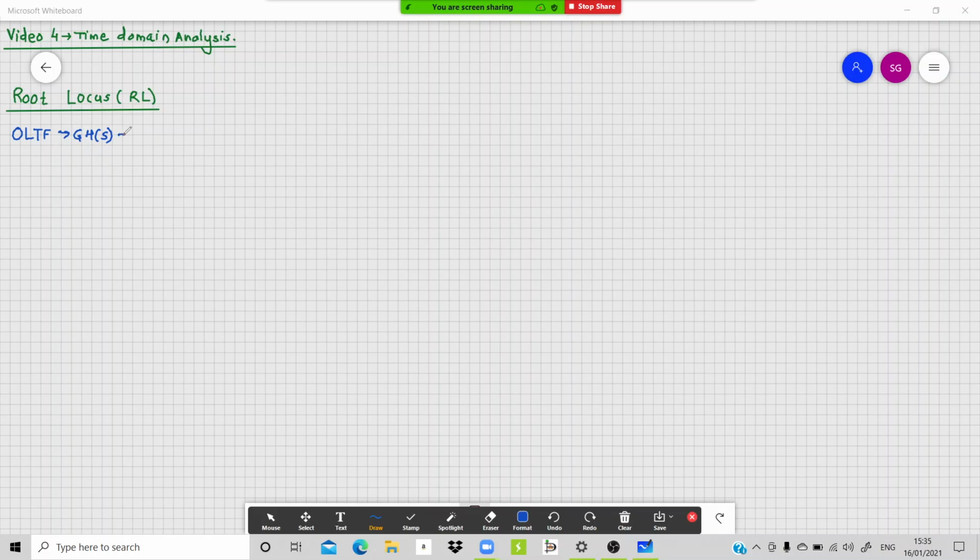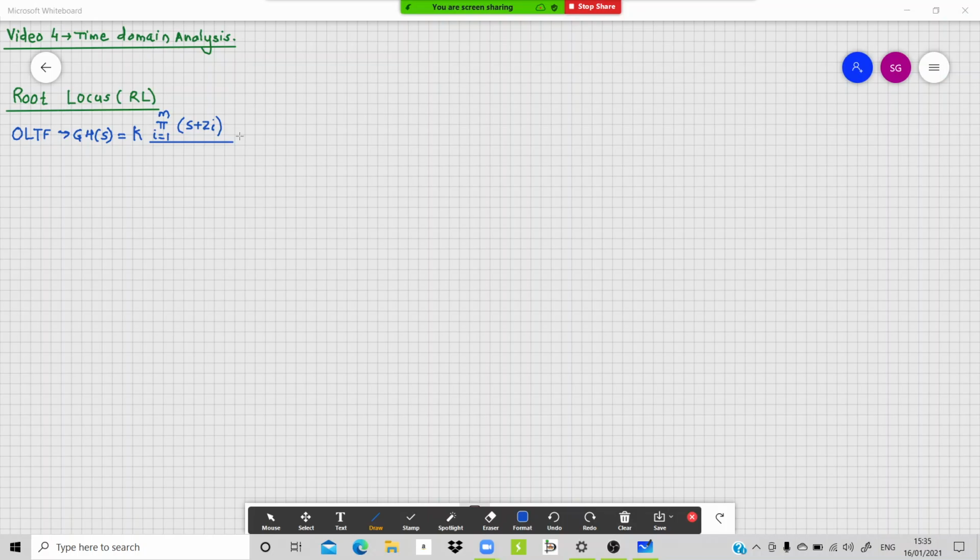And in standard format, it is going to have some gain K, then some zeros in the numerator, let us say 1 to M, and that pi is telling you that it is in multiplication, s plus some zero value is going to be there, divided by some poles in the denominator.